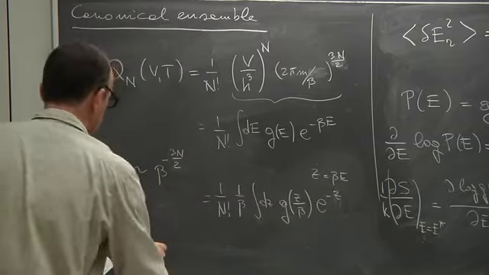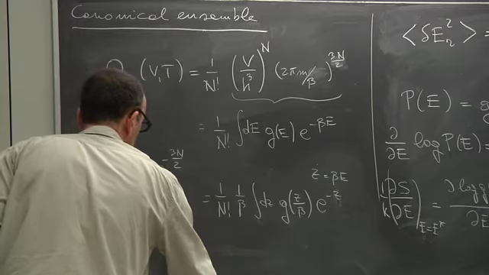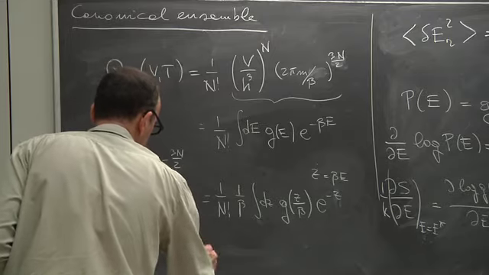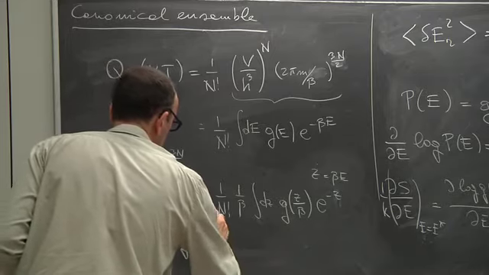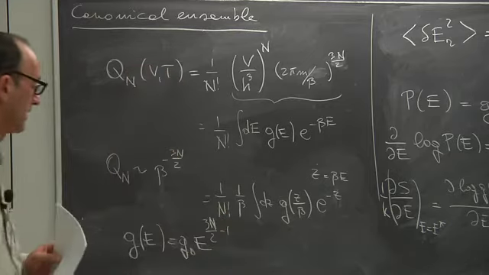So it must be that g of E is proportional to some constant, say g0, times energy to the 3n over 2 minus 1, okay?